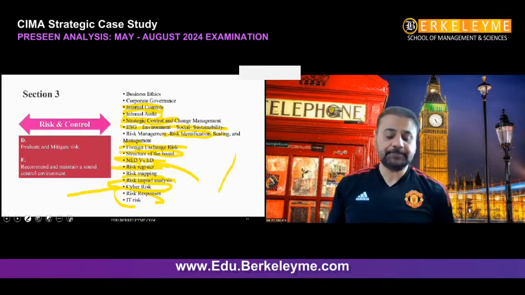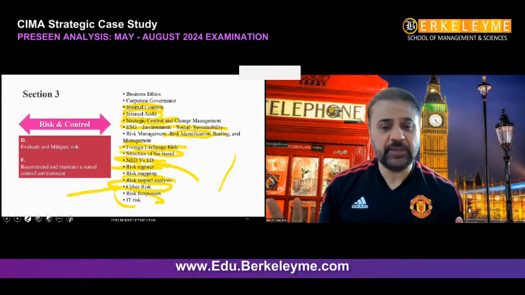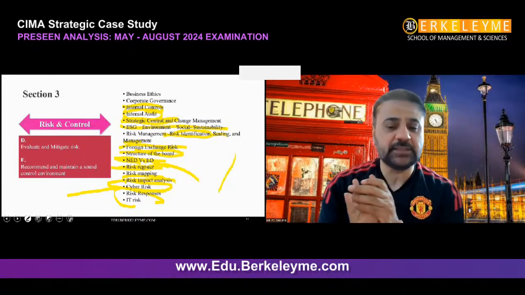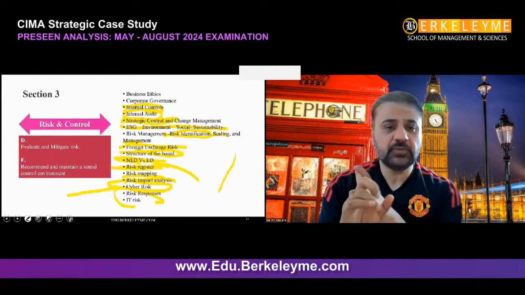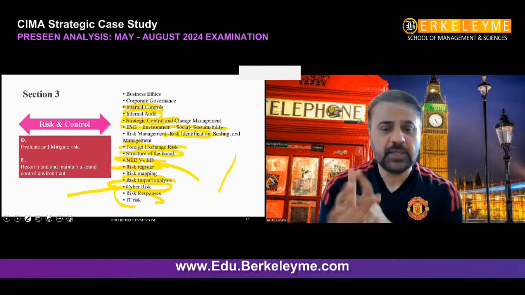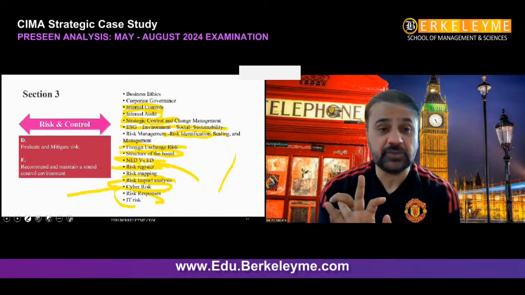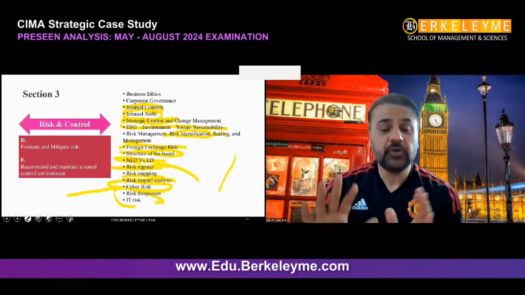So if I tell you that in your section number 3, you'll face 3 questions. One is related to IT risk, one is relating to the board structure, and one is related to your internal control environment. So today, you know your exam.